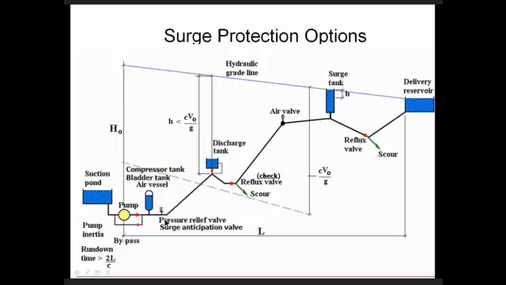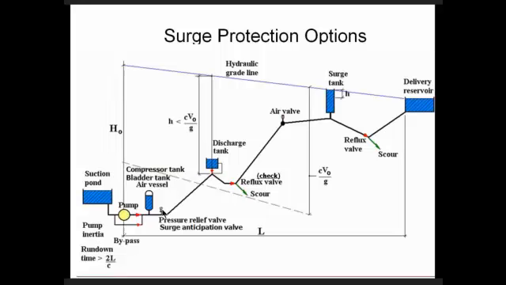A couple of passive devices: a pressure relief valve. If the pressure goes up, this valve can open up and relieve and keep it from going over, say, 200 psi or something.